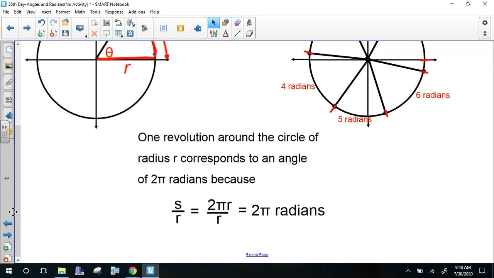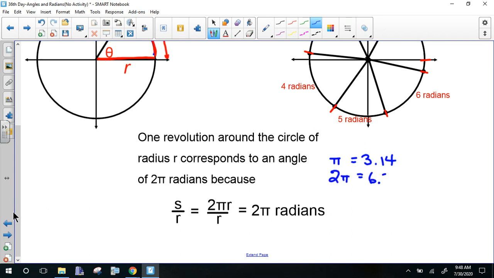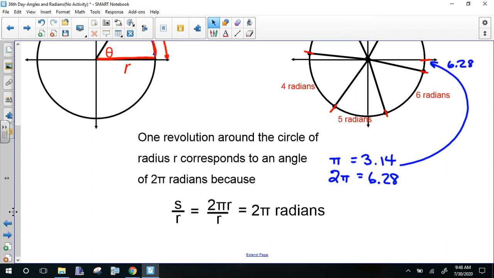Well, remember, pi is about 3.14. Well, what's 2 pi? It's 2 times 3.14, or 6.28. And that's about how many radians there are in a full circle.